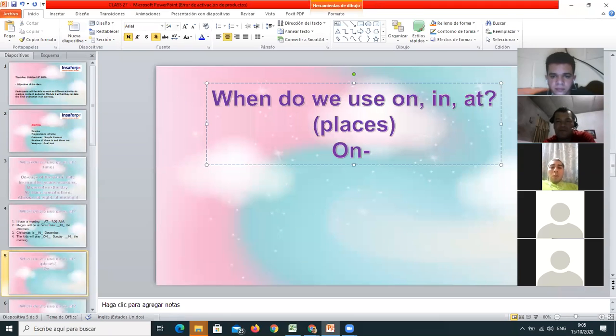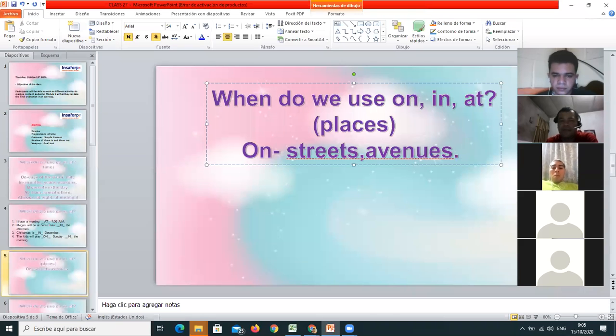We use on to talk about the name of streets and avenues. On 2nd Street, on Main Street, on 1st Avenue. So you are going to use on in those cases.